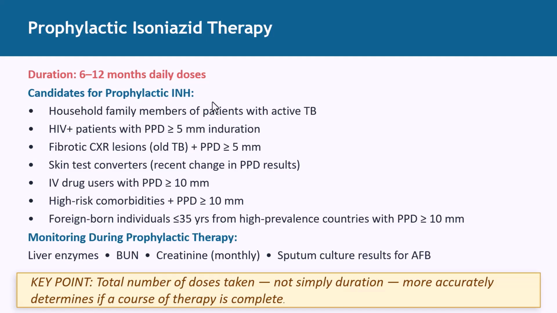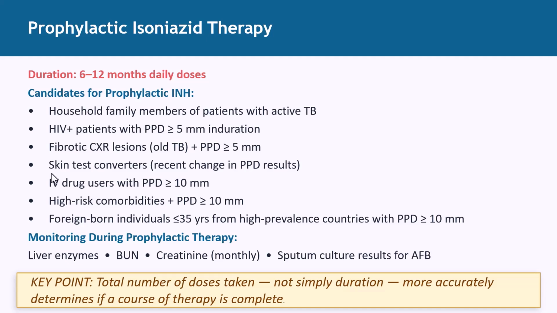The CDC identifies several high-risk groups: household family members of patients with active TB, HIV-positive patients with PPD induration of 5 millimeters or more, patients with fibrotic lesions on the chest X-ray suggesting old healed TB, combined with PPD induration of 5 millimeters or more.